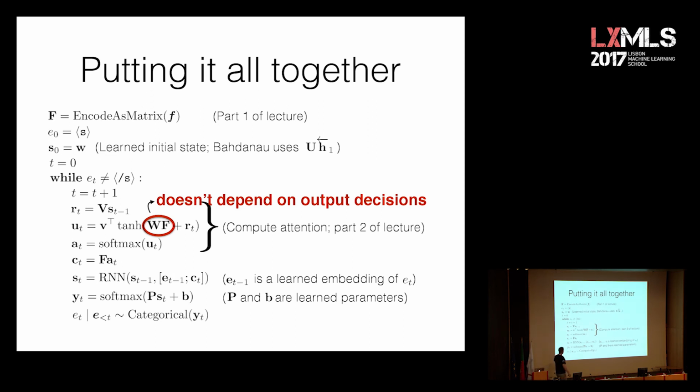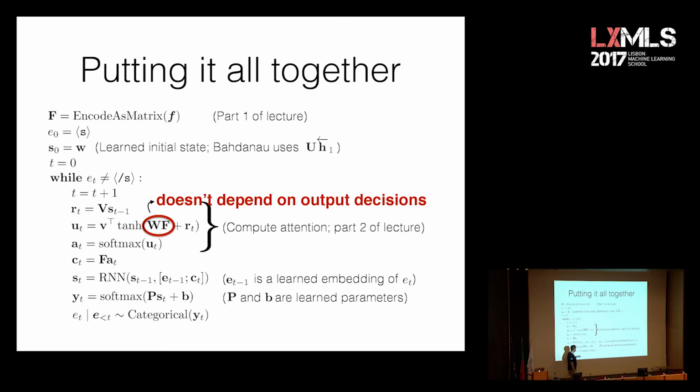Now, we're going to compute our fixed dimensional encoding, our summary of the matrix that's appropriate at this time step, just by multiplying F times a_t. And now, we're going to compute the new hidden state of this output RNN.